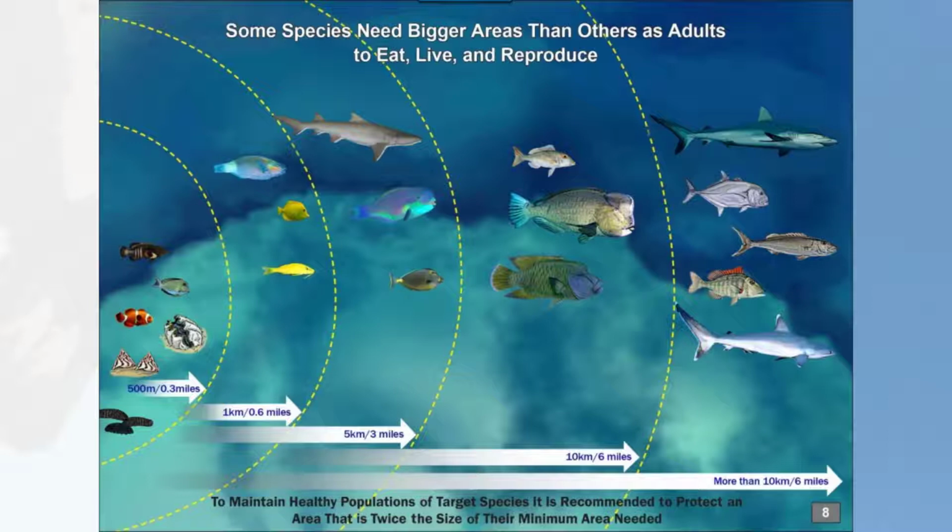So being able to maintain healthy populations of these protected species or target species for fishing grounds really does require being able to parse out an area that's at least twice the size of the minimum area they need. And in order to do that, we need to have some information on the dispersal of these individual species.